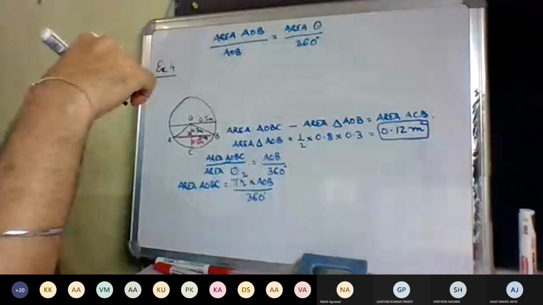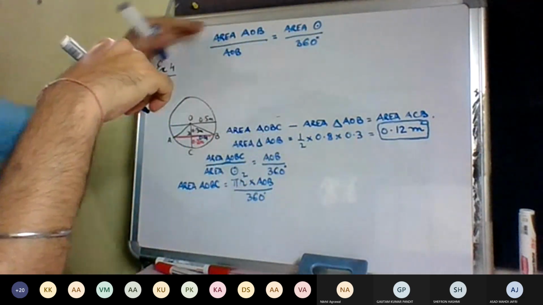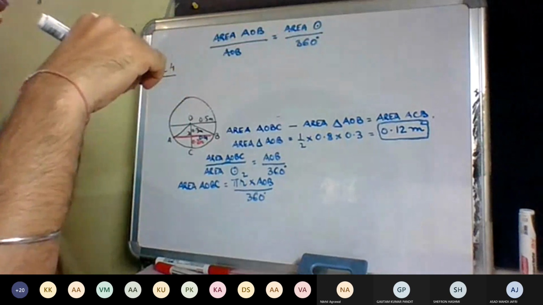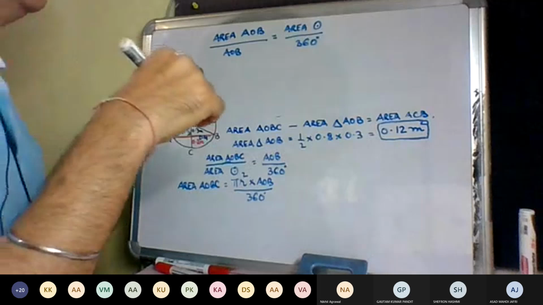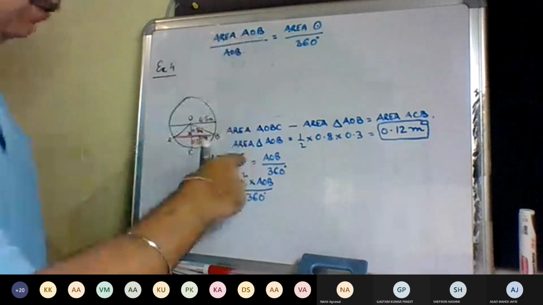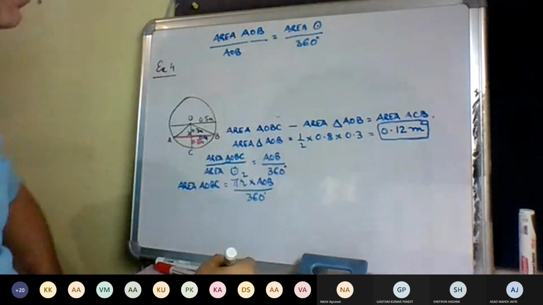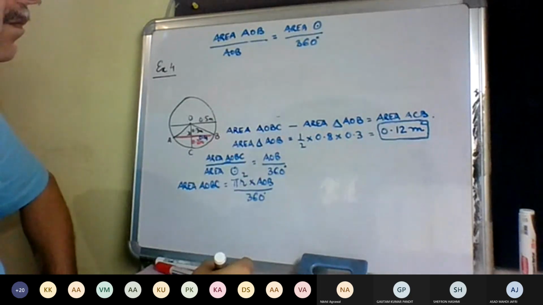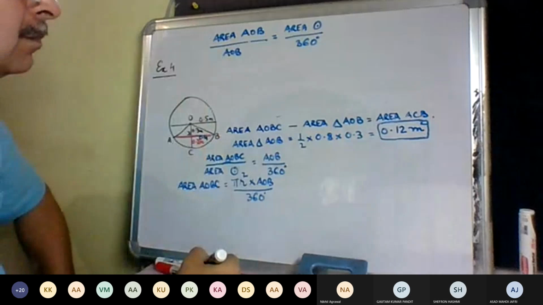Did you understand this? The ratios of the two are going to be equal. So what I have done over here is basically taken this here and this here. That's all I've done. The ratios are the same.